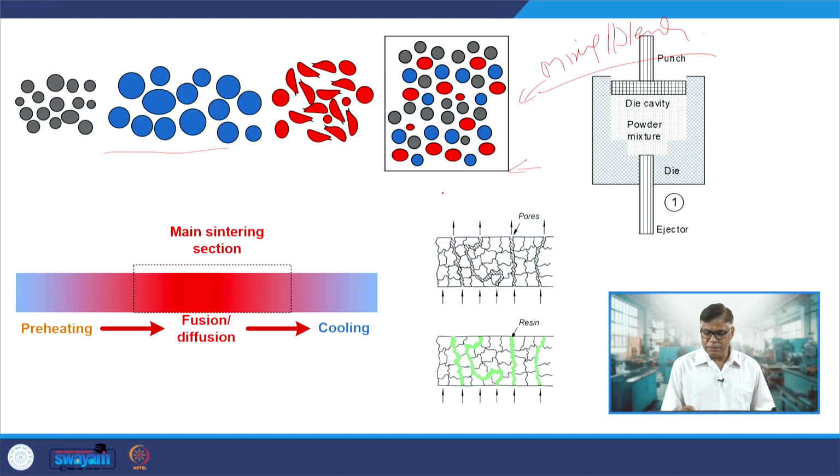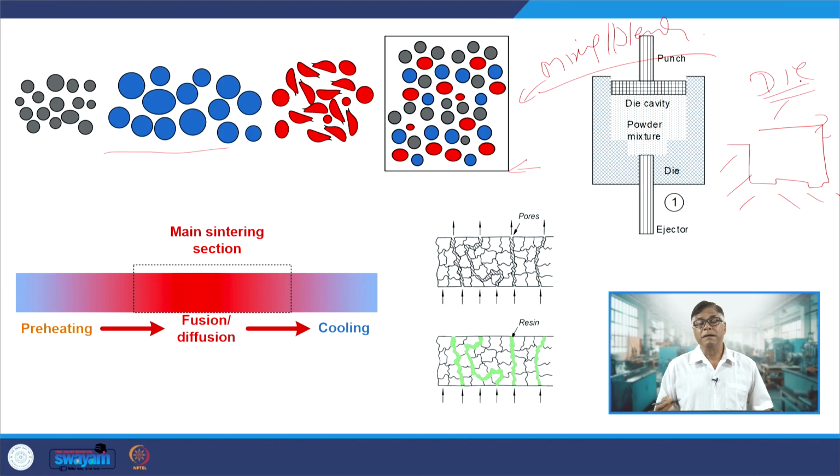Okay. Then this mixed powder is put into the mold cavity, a suitable mold as per the shape of the product. This mold is basically a metallic die, which is able to withstand high temperature. So, the die will be filled in, depending upon the flowability.